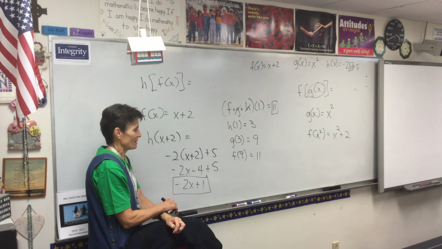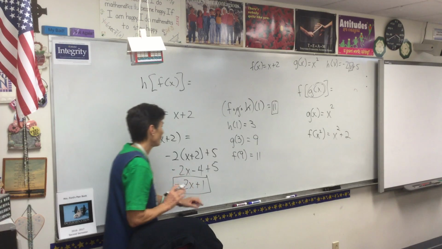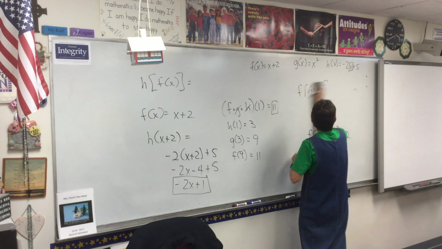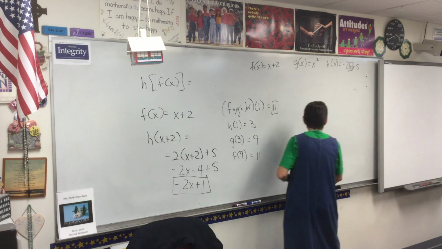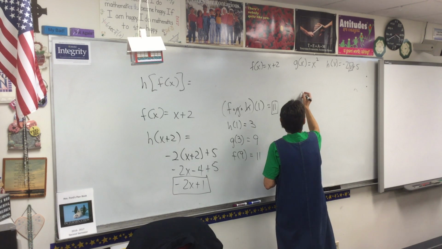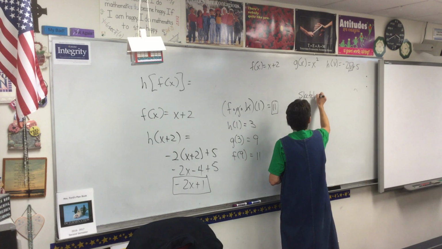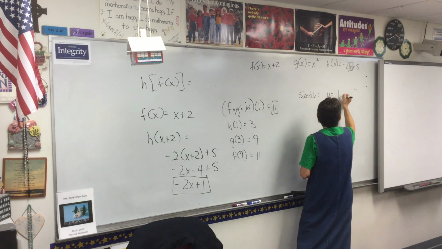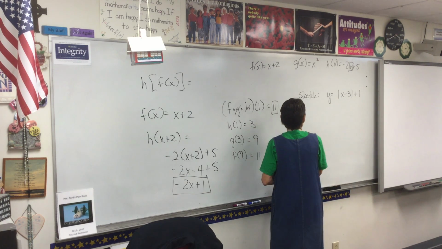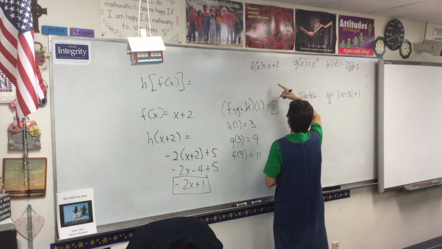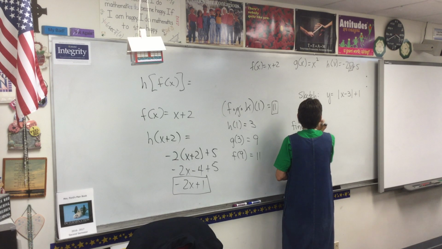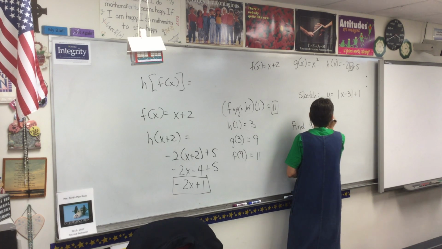We have one more topic to talk about, implicit functions, but before we do that, I think you should have a little bit of room. I want you to do 2 quick review problems for me. I just want to make sure we've got this under control. So I want you to sketch that, and I want you to use these functions and find g of f of x.